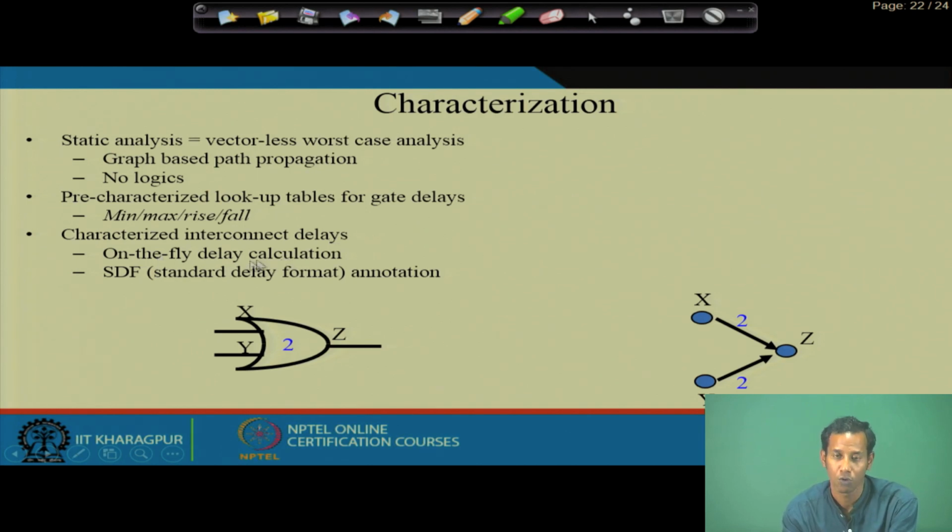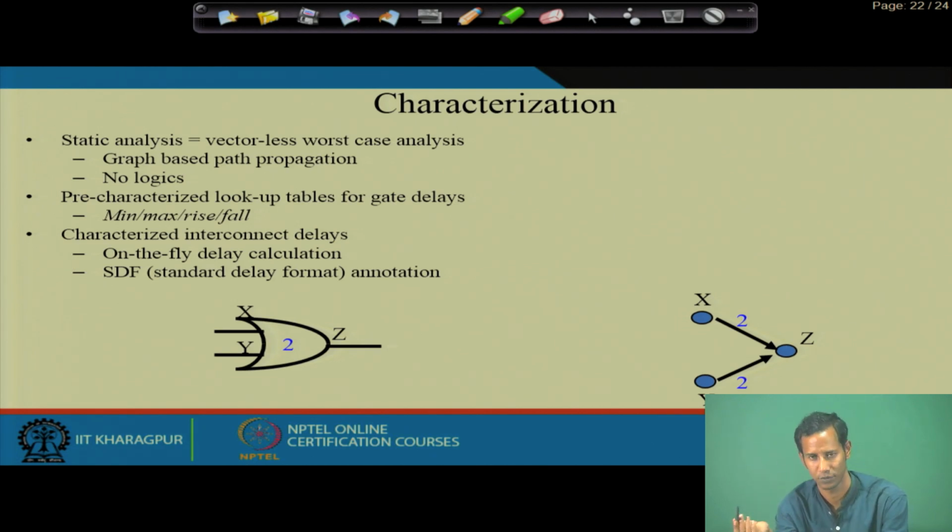Okay. On the fly means depending on the path length, that is, the wire length. Depending on the intermediate wire length, its capacitance and resistance values, this delay is calculated. In the previous slide, whenever we connected an interconnect path, it corresponded to 20 or 2 units of time.